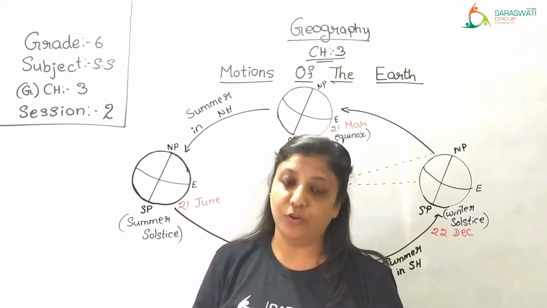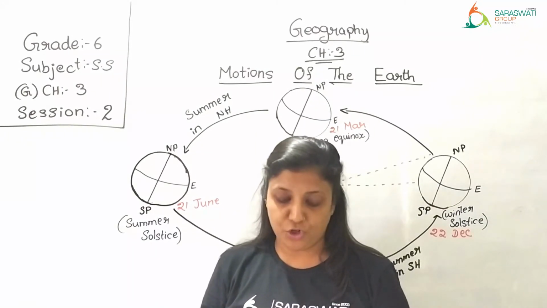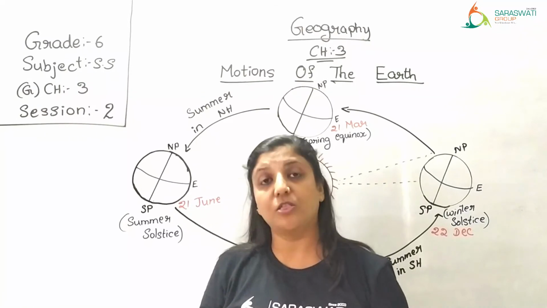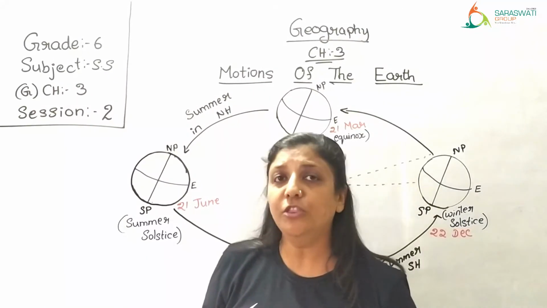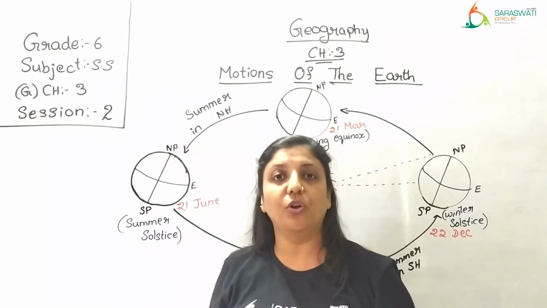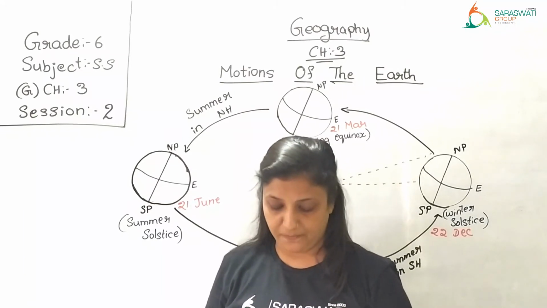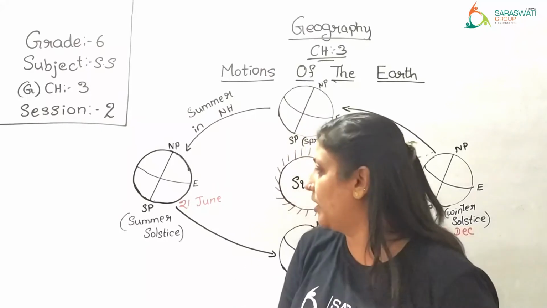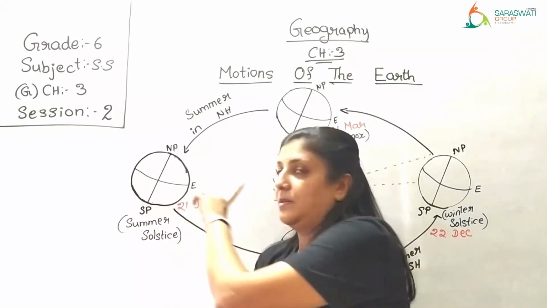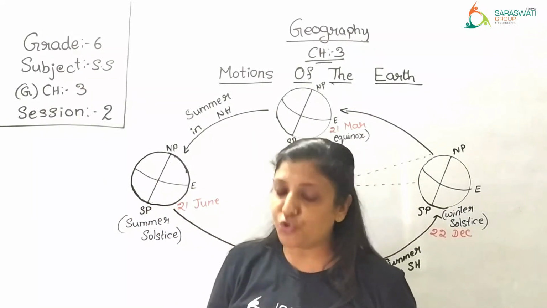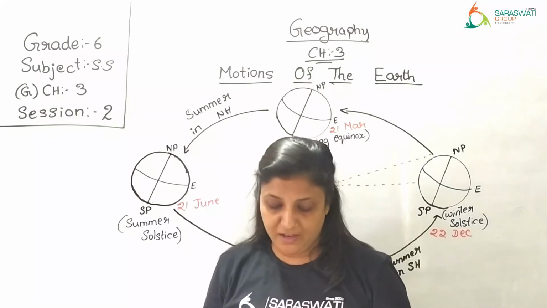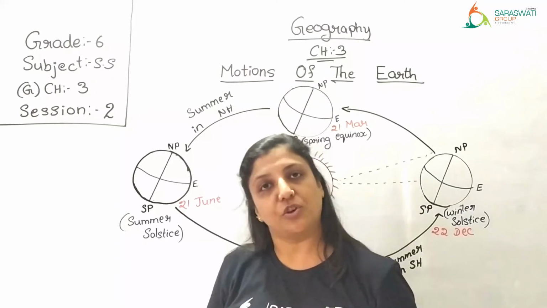21st June is the longest day and the shortest night of the year in the northern hemisphere. But if you talk about the southern hemisphere on 21st June, the condition is just opposite.